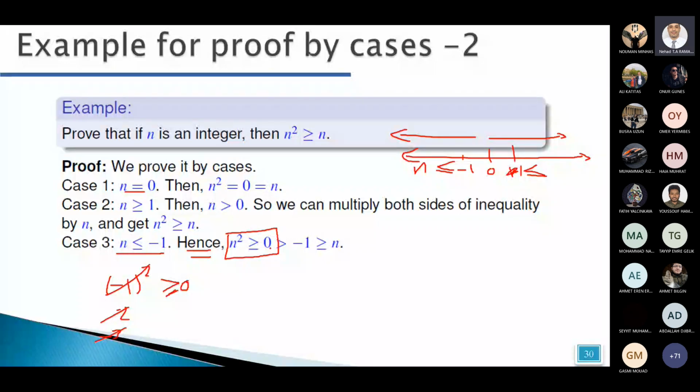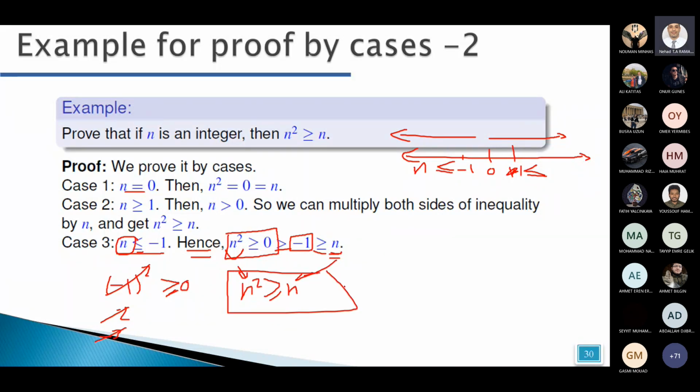And of course, 0 is more than minus 1, and in our case here, n is less than or equal minus 1. Then n to power 2, this side, is more than or equal n.